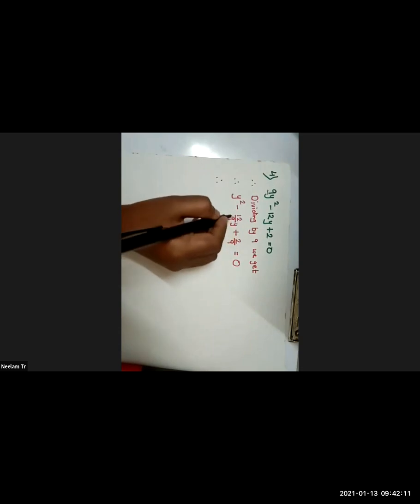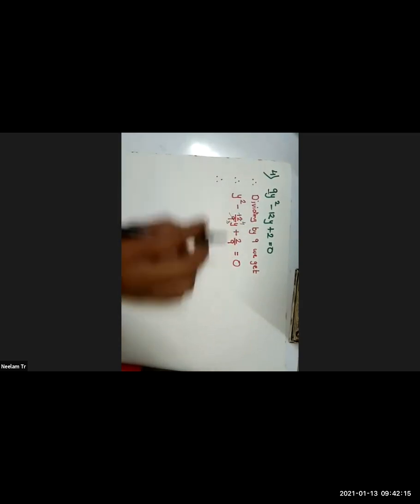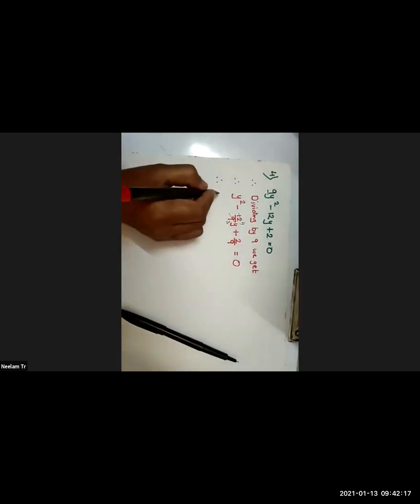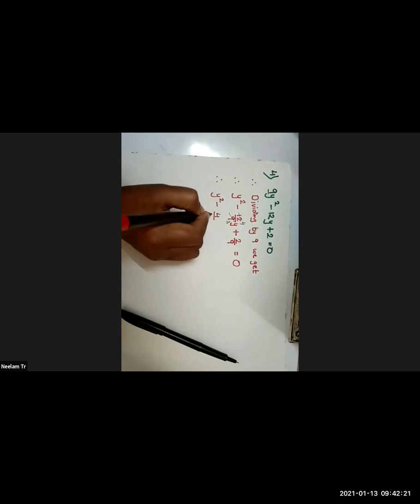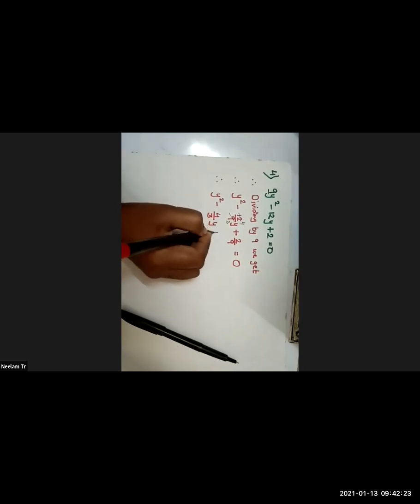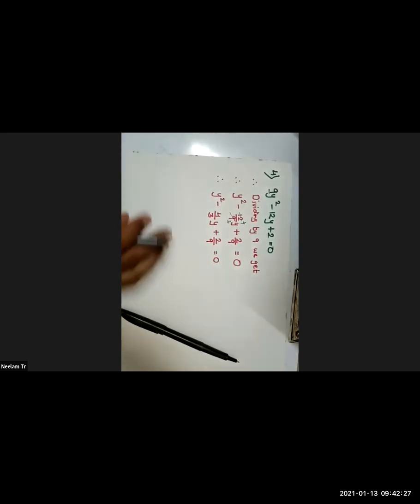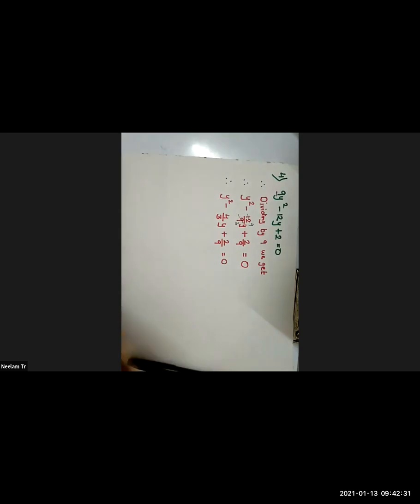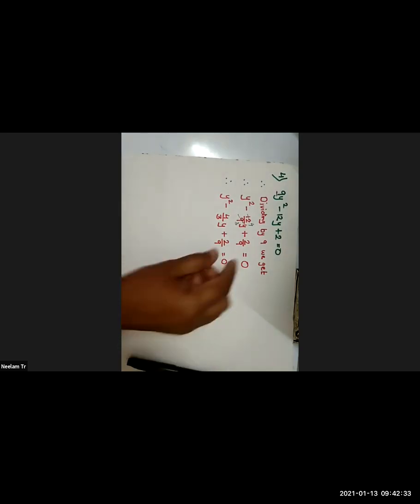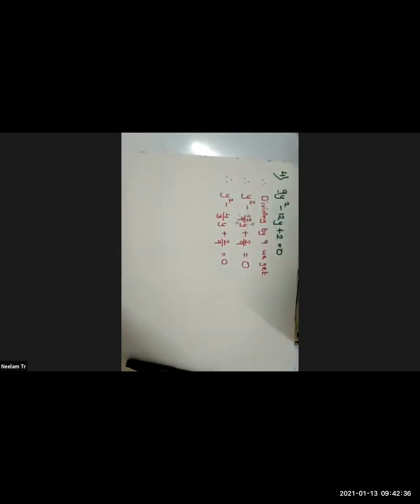Reduce this. ये 3 के टेबल में जाएगा. 3 3s are 9, 3 4s are 12. Okay, finally you got that is y square minus 4 by 3y plus 2 by 9 is equal to 0. This much is clear? Now, only few steps have been added. ठीक है?